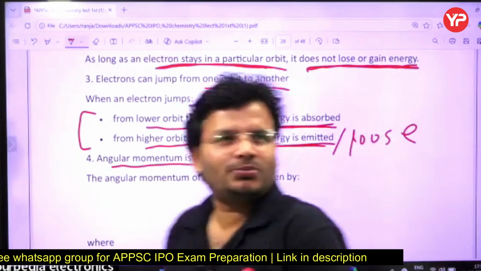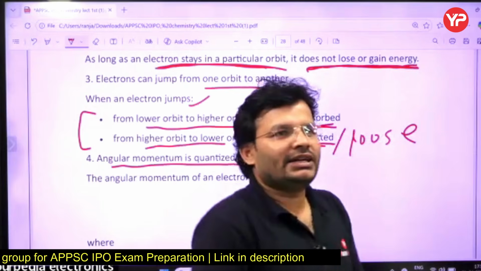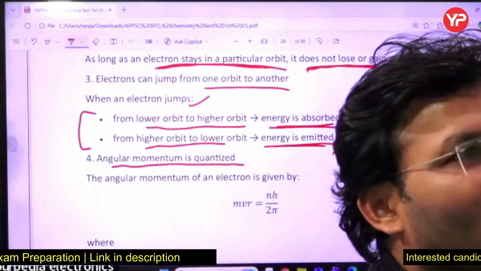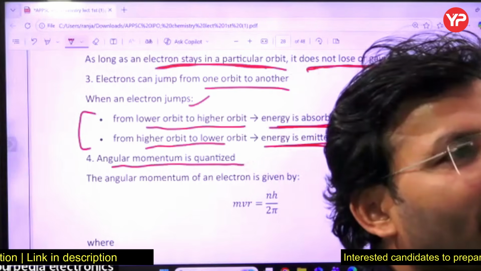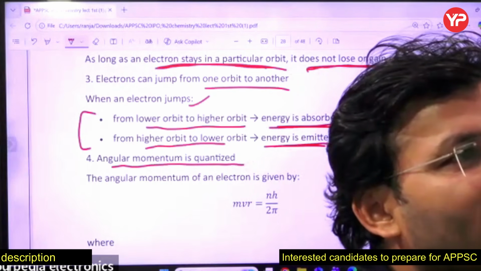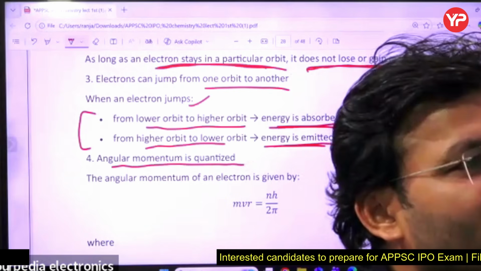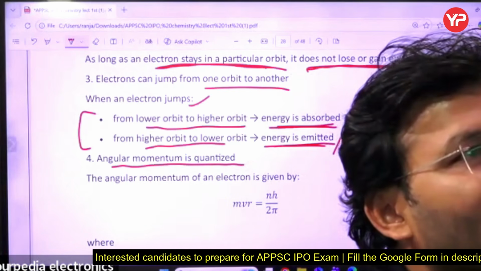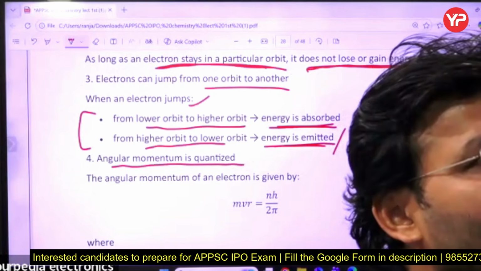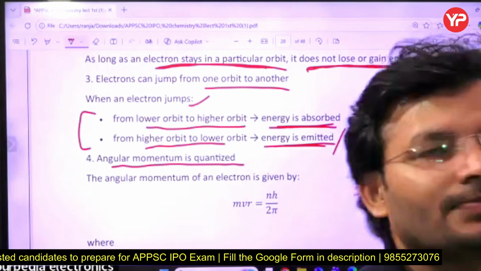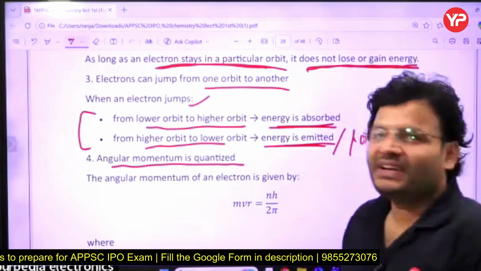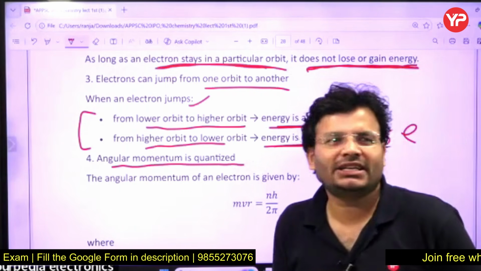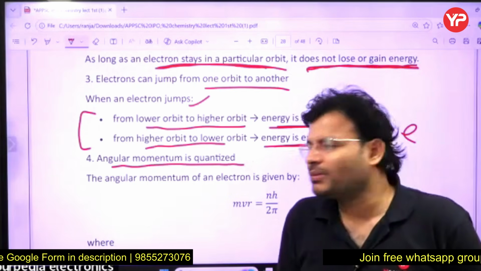If anything is going to be revolved, obviously you talk about the angular velocity, angular acceleration, angular momentum.